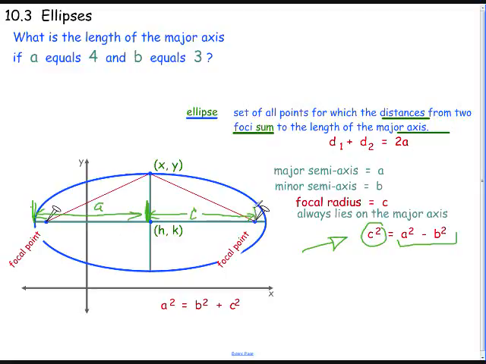I should mark this one too. What is the length of the major axis? a is equal to 4. And the major axis goes from here to here. So, right?